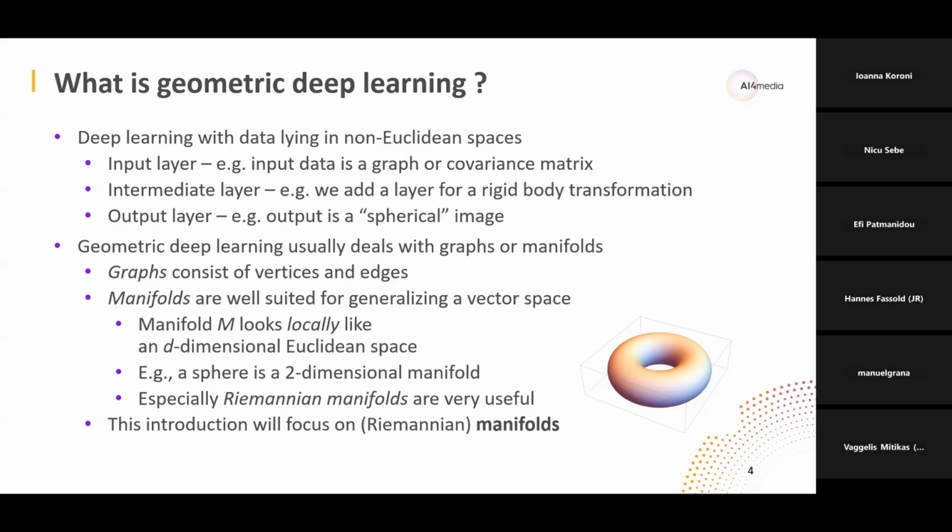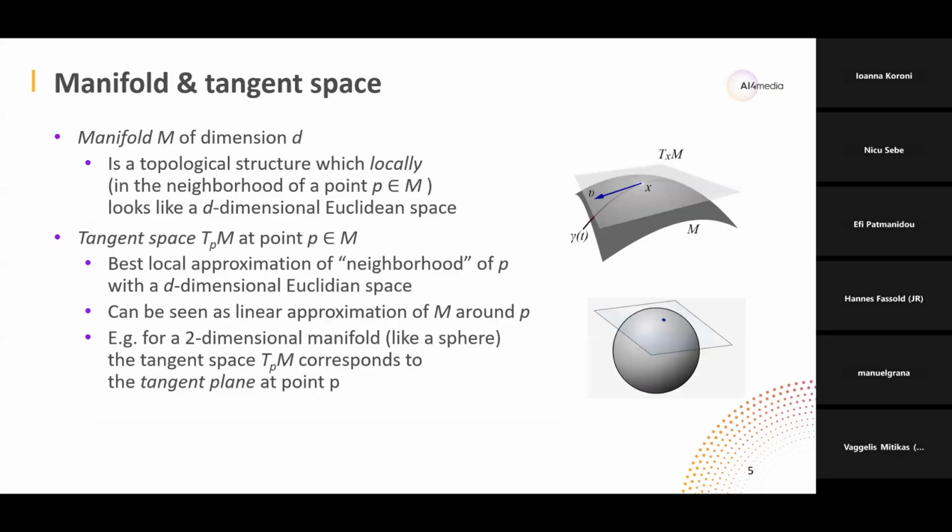So let's go a bit into manifolds and tangent space. A manifold M of a certain dimension d is a topological structure which locally, in the neighborhood of a certain point P of the manifold, looks like a d-dimensional Euclidean space.